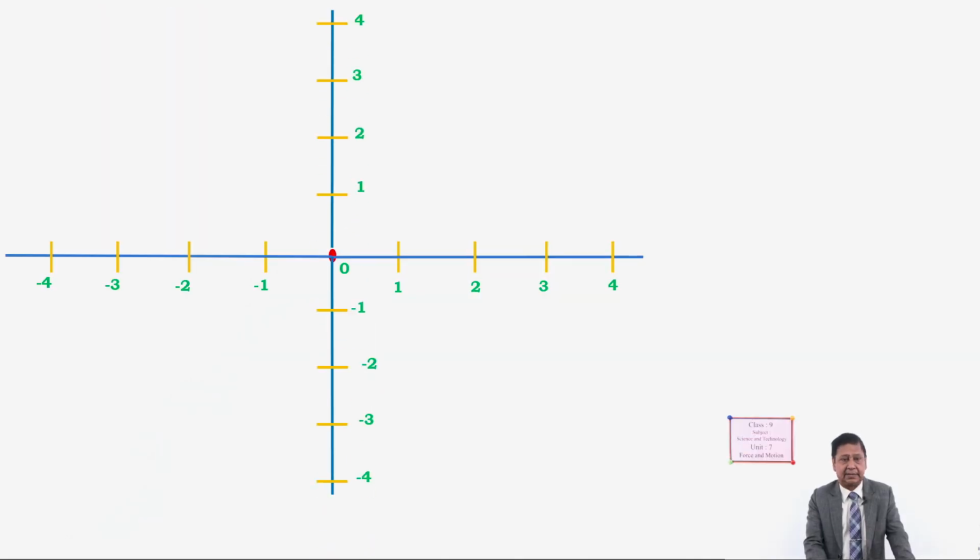Look at this graph. In this graph, this is the x-axis, this is the y-axis, you know about this. Now, I am considering the middle point, this 0 point.